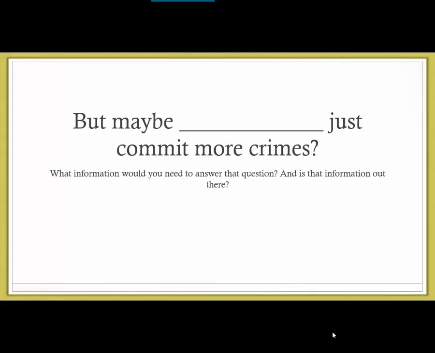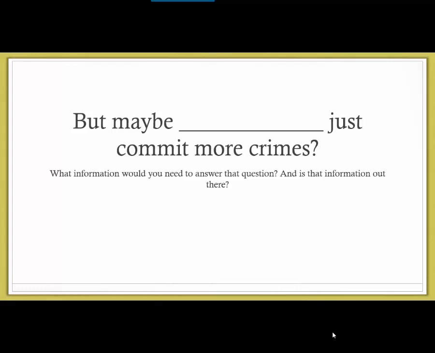So you don't want to assume that just because more of a certain type of person is in prison, be it race, age, or gender, that necessarily means that they commit more of a specific type of crime.